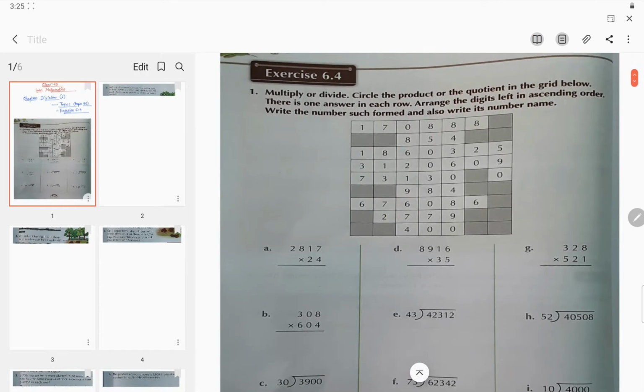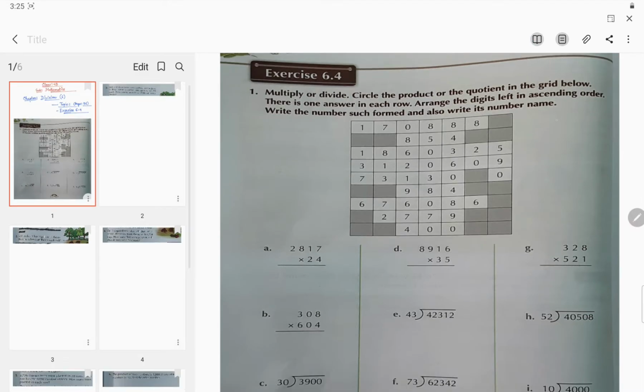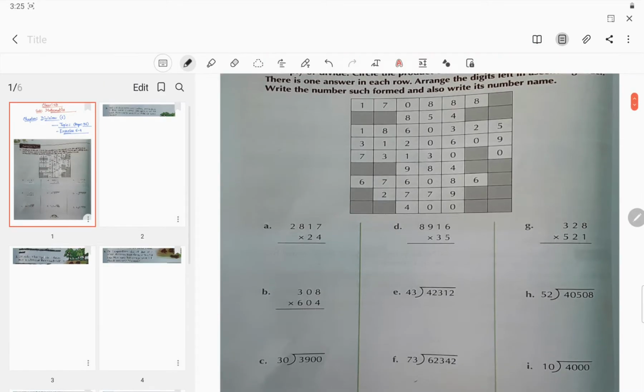So in exercise 6.4 you can see question number 1, which says multiply or divide. You have to multiply or divide and circle the product or the quotient in the grid below. Questions A, D, G and B are all multiplication.